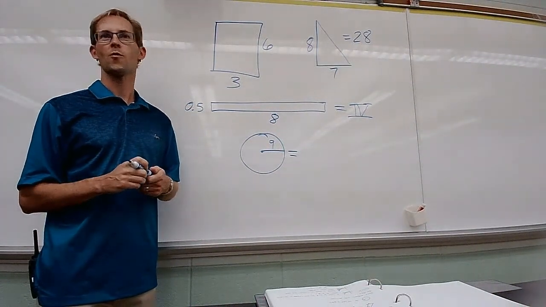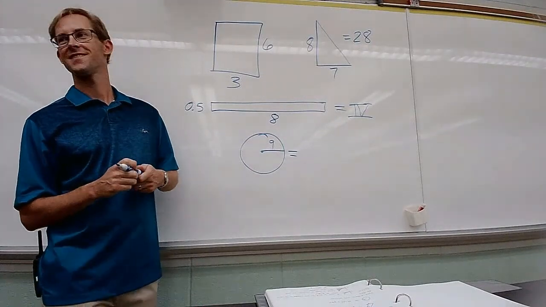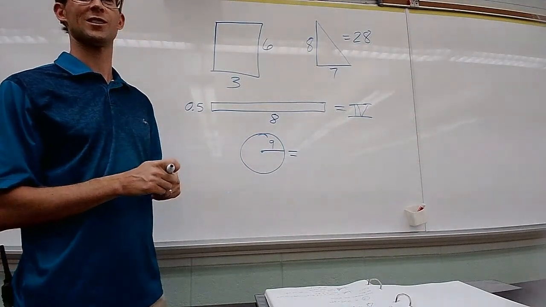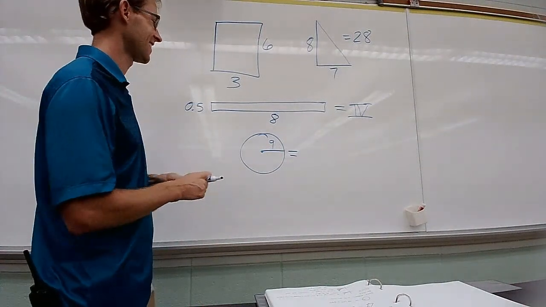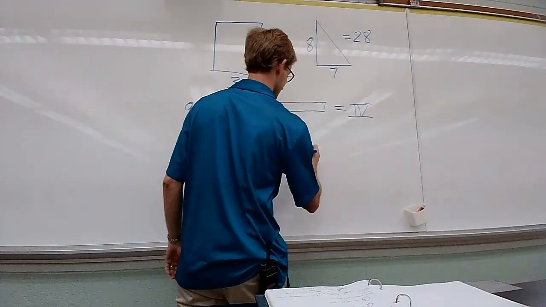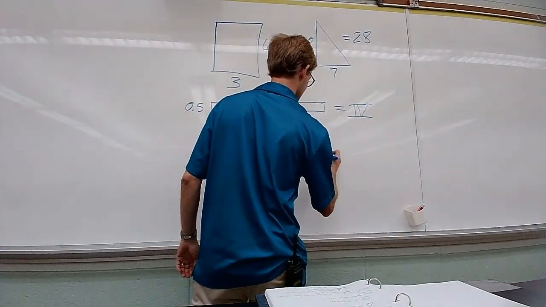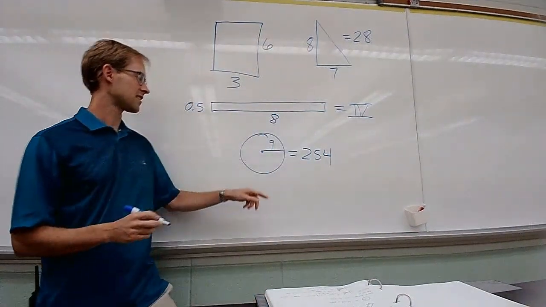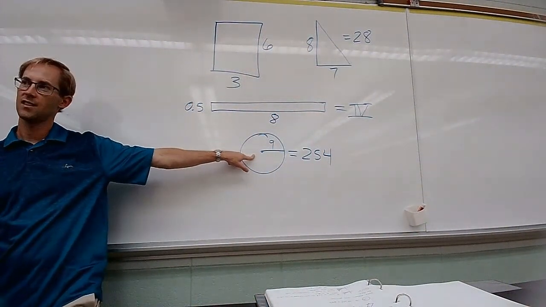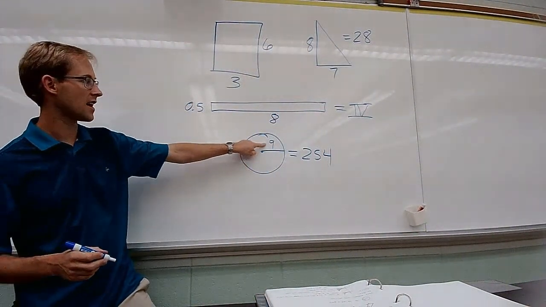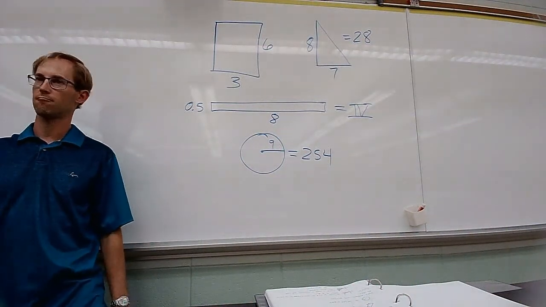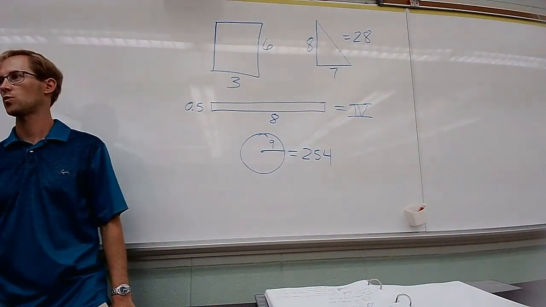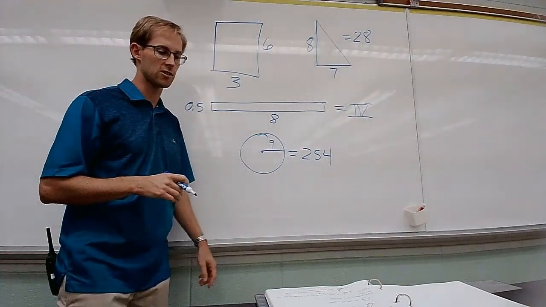No, 81 pi. You round to 3 numbers. 254, but you don't need the decimal. This is just pi r squared. Pi times 9 squared is 254 and change, because we are estimating to 3 decimal places. Again, that's a good habit to get into.